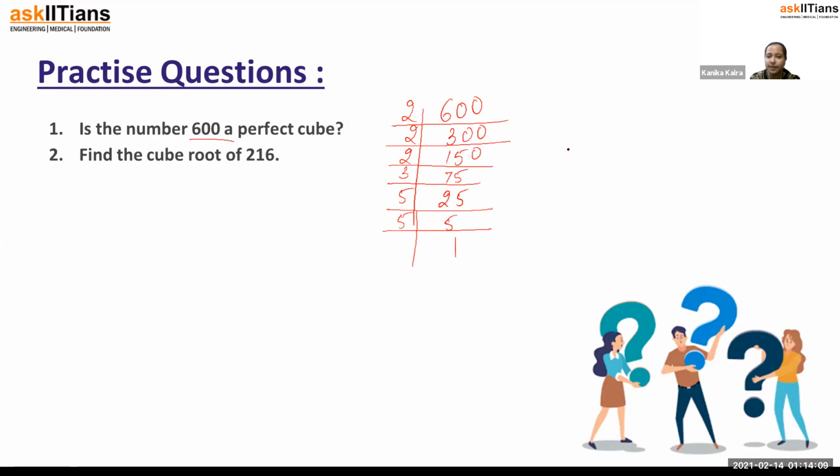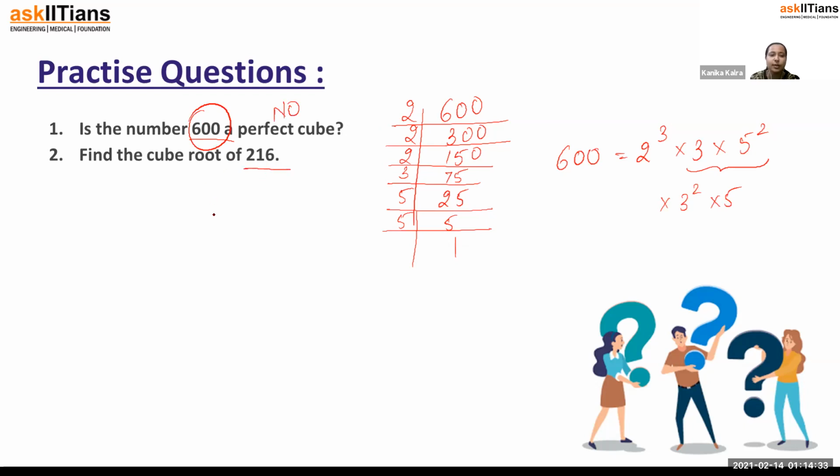The prime factorization of 600 is actually 2 cube into 3 into 5 square. So these are not perfect cubes, as to make it a perfect cube, we need to multiply it with 3 square and 5. So that means 600 is not a perfect cube. So the answer is no.